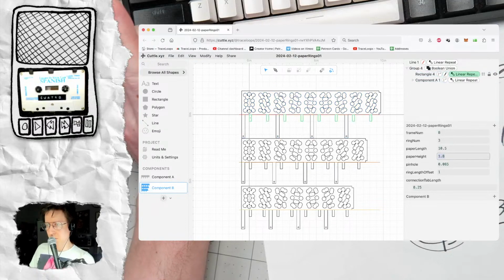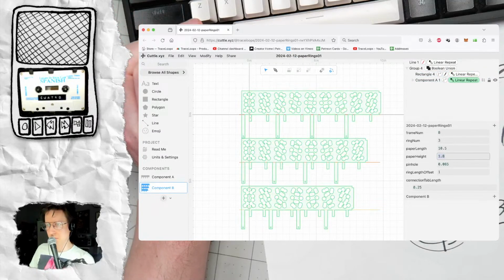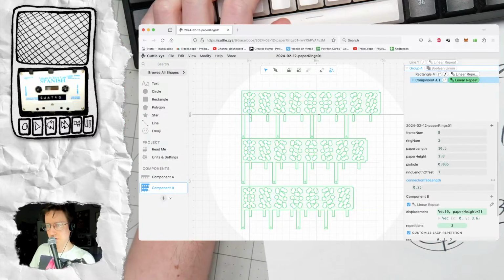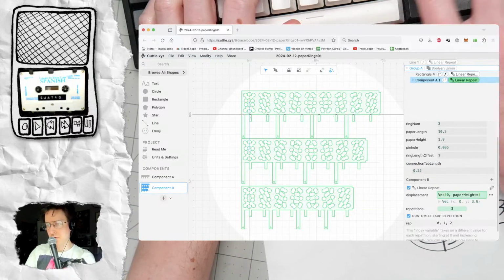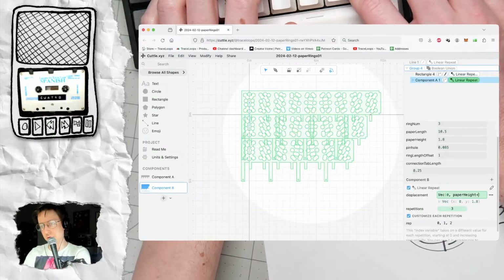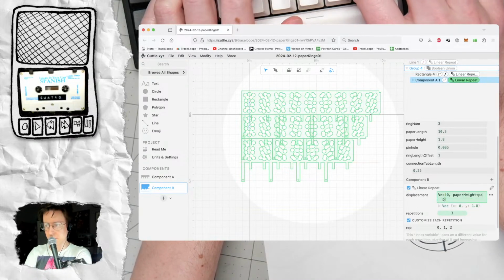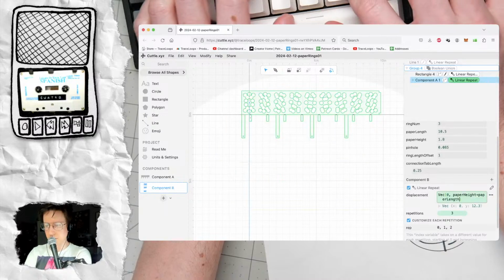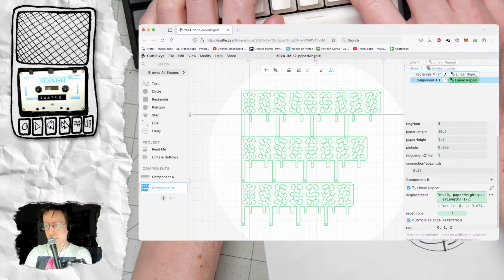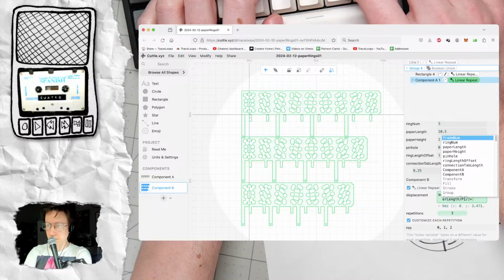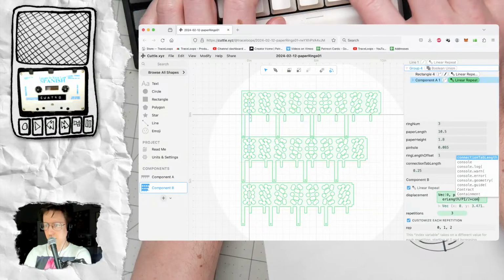That's an issue. The linear repeat on this guy is paper height plus paper length divided by pi divided by 2 plus connection tab length.